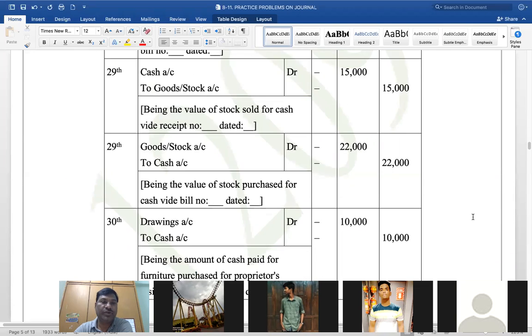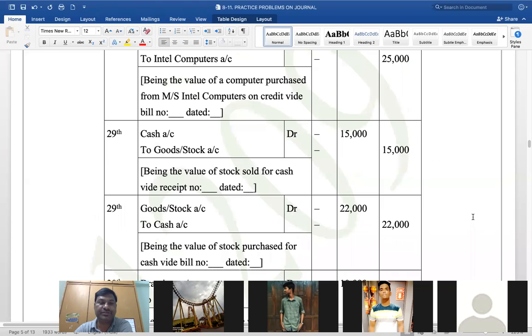On the 29th, 15,000, goods account debited to cash account. On the 29th again, it is reversed. The first transaction is cash to goods.